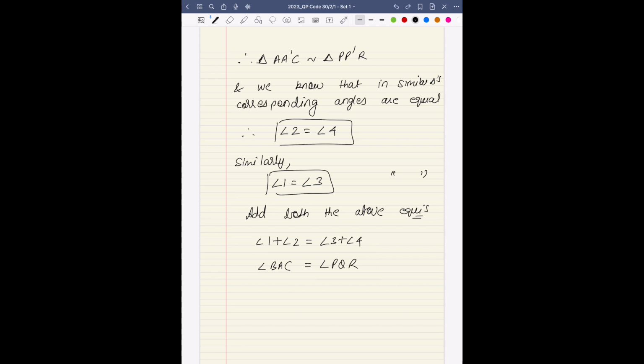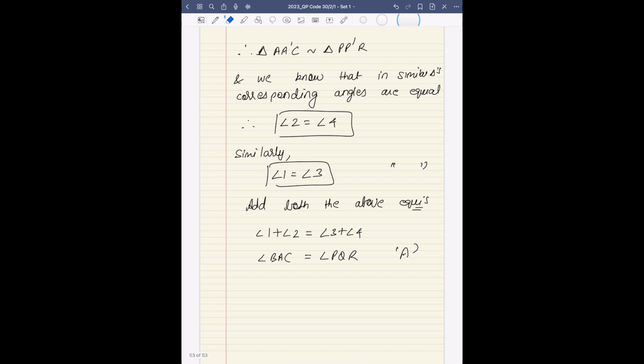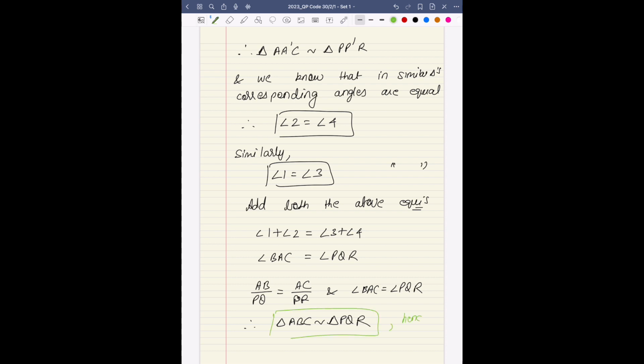Now this angle is equal, and these two sides are already proportional. So AB upon PQ is equal to AC upon PR, and the included angle is equal to the corresponding angle. Hence, triangle ABC is similar to triangle PQR. Hence proved. This is complicated, I agree, but still doable.